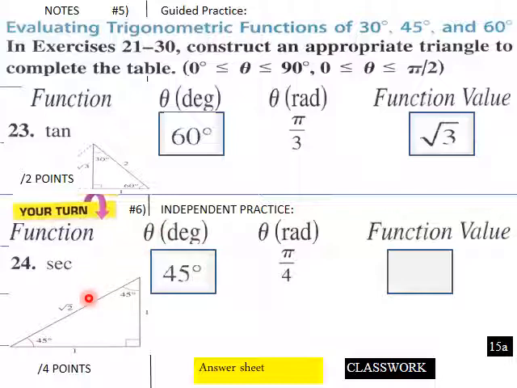So cosine would be adjacent over hypotenuse. So the inverse of that, so it'll be 1 over square root of 2 would be the cosine. So the secant would be the hypotenuse over the adjacent. So it'll be square root of 2 would be your function value for the secant of this triangle here.